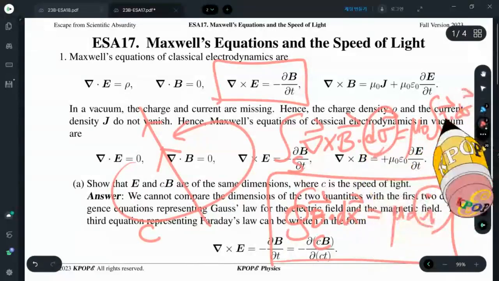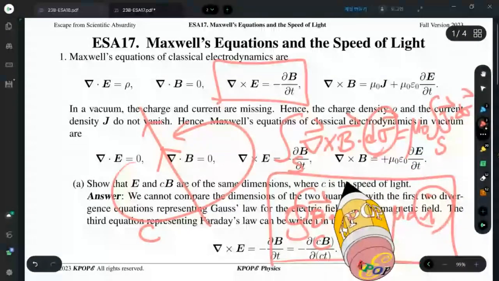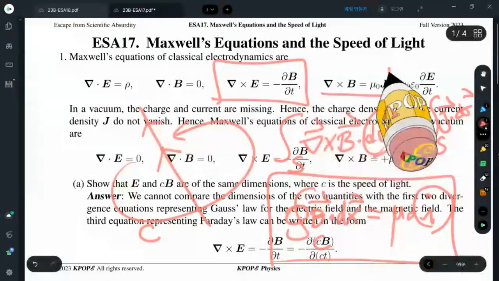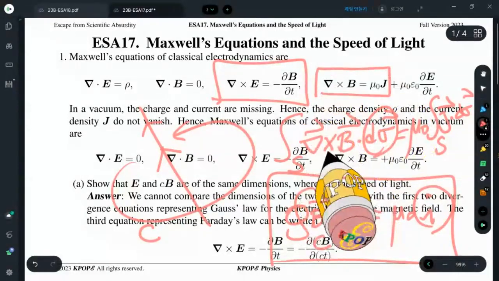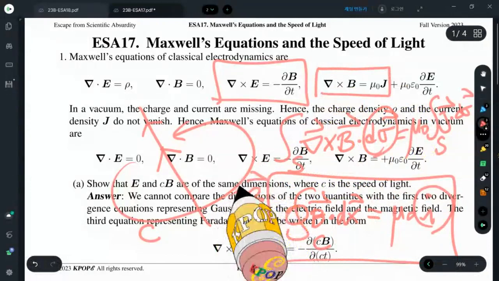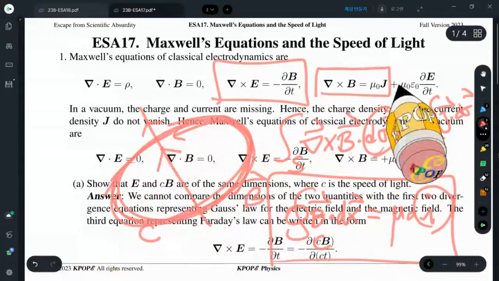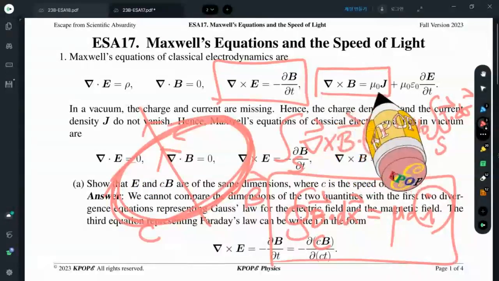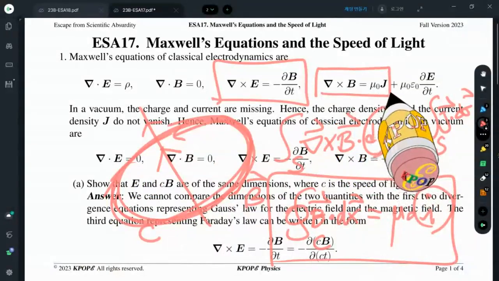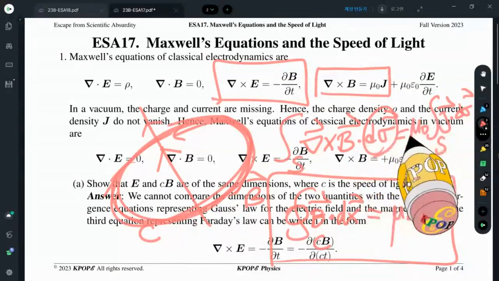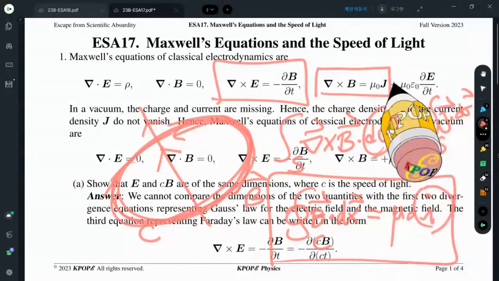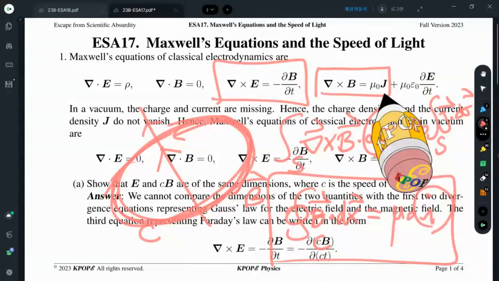And then we combine together. Finally, we end up with the equation. The curl of the magnetic field is the mu 0 permeability constant multiplied by, not charge density, current density.